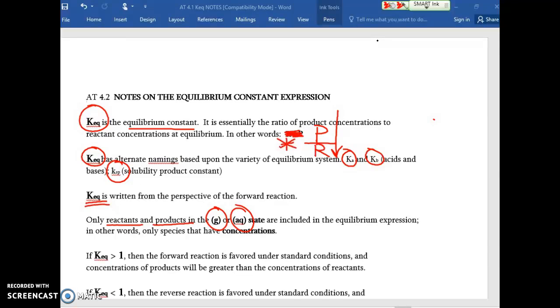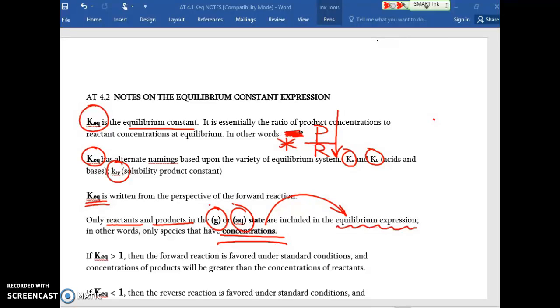We're going to create something called an equilibrium expression. We'll talk more about that in a moment. Only things that have concentrations can be inputted into the equilibrium expression. So only gases and aqueous have concentrations. Solids have no concentration. Liquids have no concentrations.